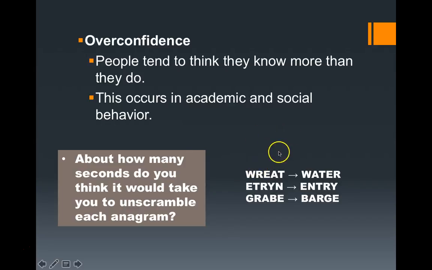If they see the answer, they think, oh, I'll be able to do that quickly, and that's quicker than they actually could do it. People look at this and say, oh, I could probably do that in about a minute or so, but other people who are just given them take considerably longer than that. So we tend to be overconfident.